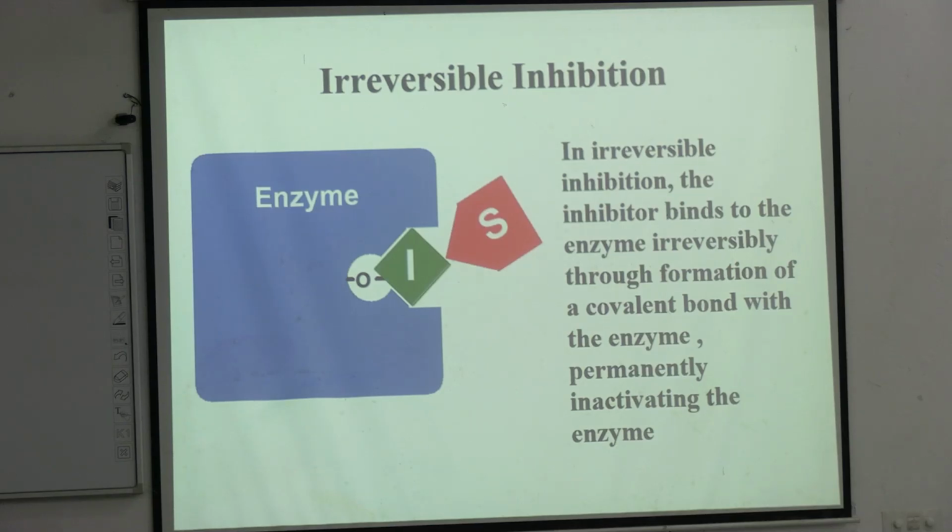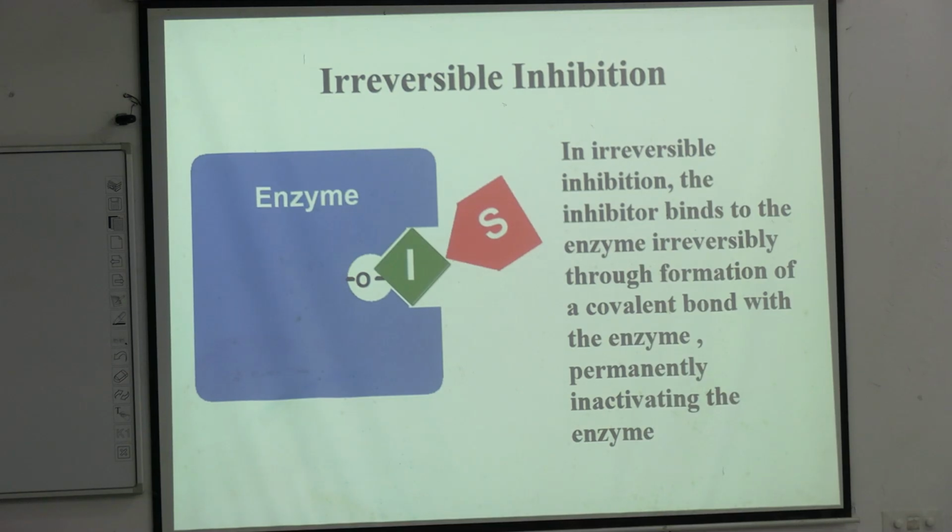Irreversible inhibition means where the inhibitor permanently harbors into the active site. It comes as a guest and then it replaces the host. Like the Britishers came to India as traders, then became rulers.